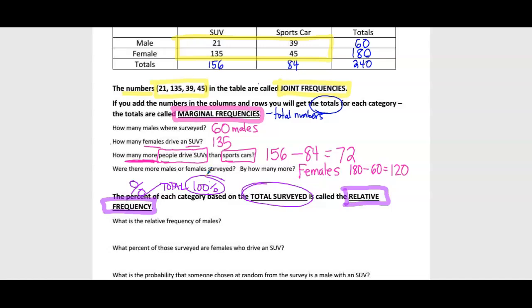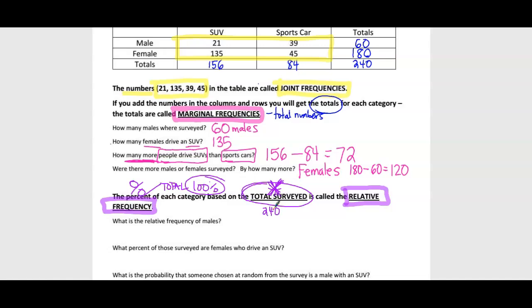It says, what is the relative frequency of males? Every time you do this, you need to know the total surveyed. If you look at the top, I hope you all realize in this table there were 240 total surveyed.